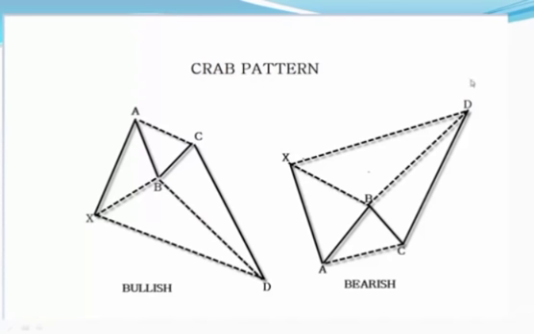All right. So the crab pattern, similar to the butterfly we looked at earlier, has a much longer type of pattern, where this swing here would be 1618, 1618 down from here to here.